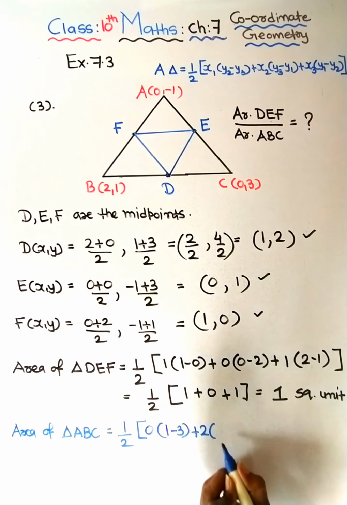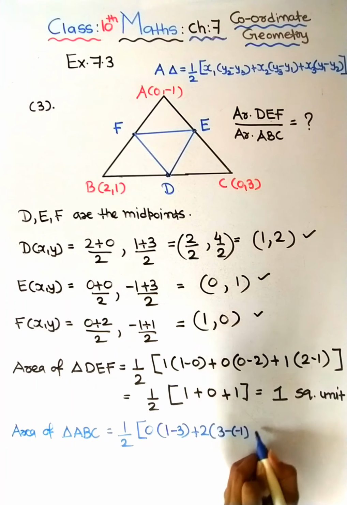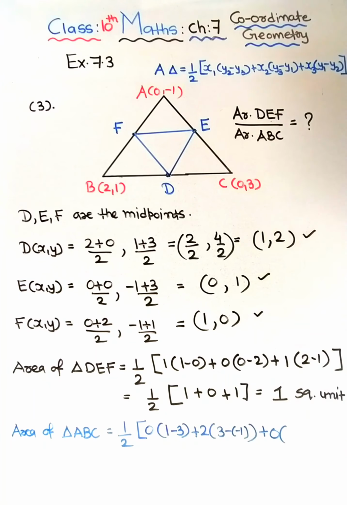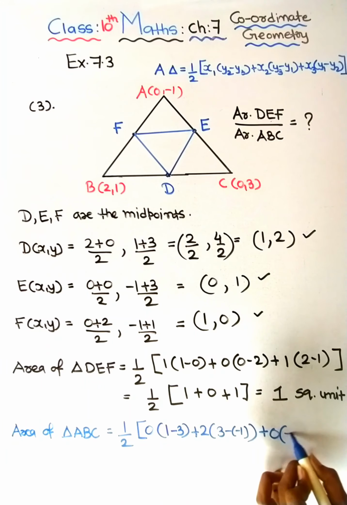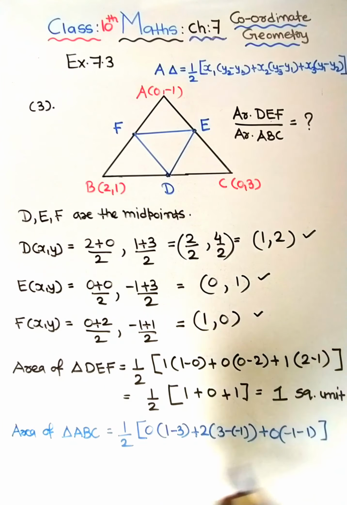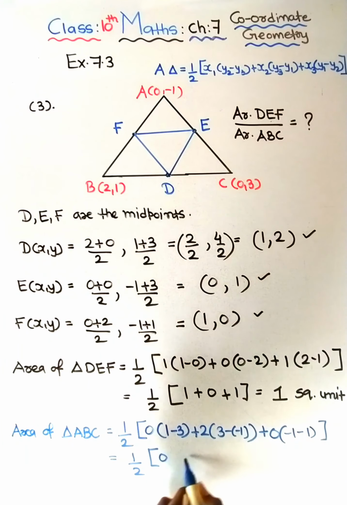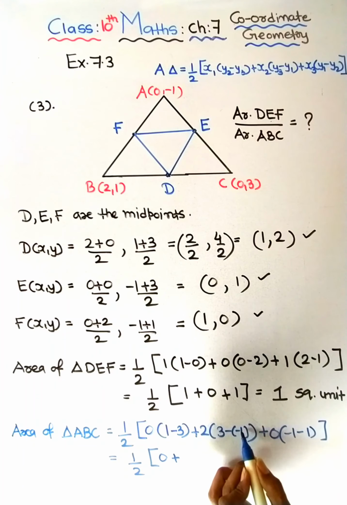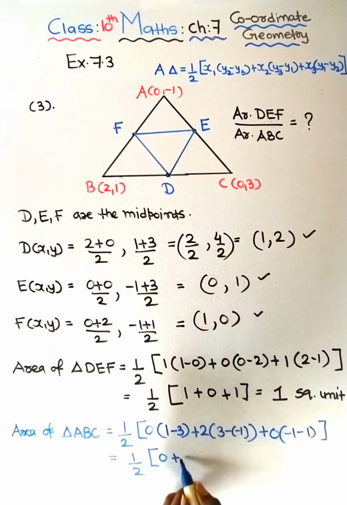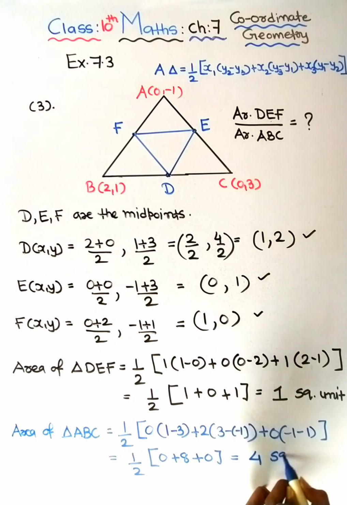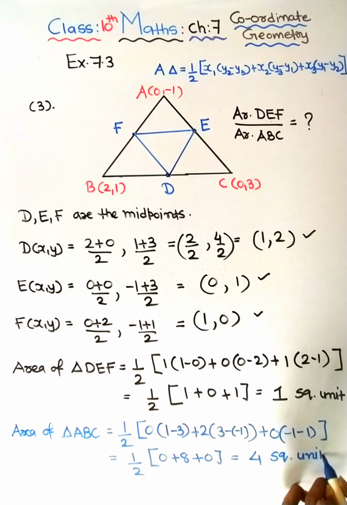That means 3 minus 1. And plus x3 is 0 again, and then it is y1 minus y2. So minus 1 minus 1. As you can see, this will be very easy, as we have two terms containing 0 outside, so that will become 0. 3 minus minus 1 is plus 1, that means 4. 4 2s are 8 plus 0. That means here we have 8 upon 2, 4 square units.